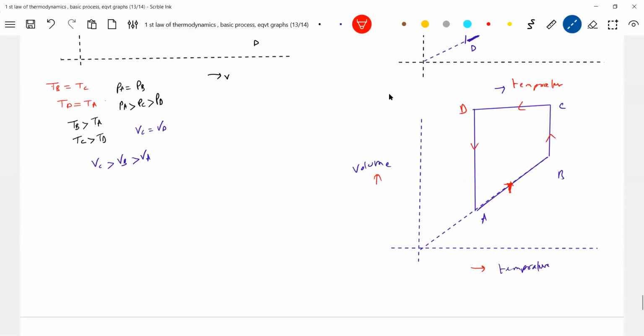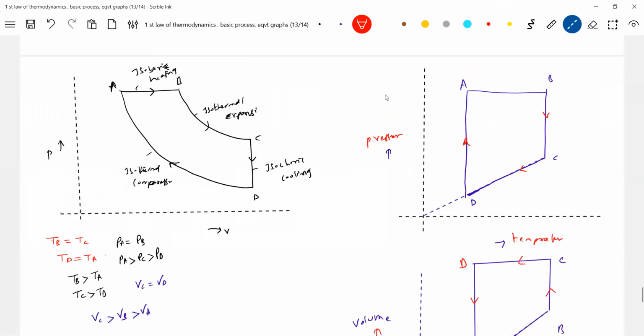D and origin. What is that, D and origin? Where am I joining D and origin? And what is D and A? D and A, no, I'm not joining D to the origin. Look at it. D and origin, it's a straight line passing through the origin, no, CD. What is the path CD? An isochoric process, a straight line passing through the origin.